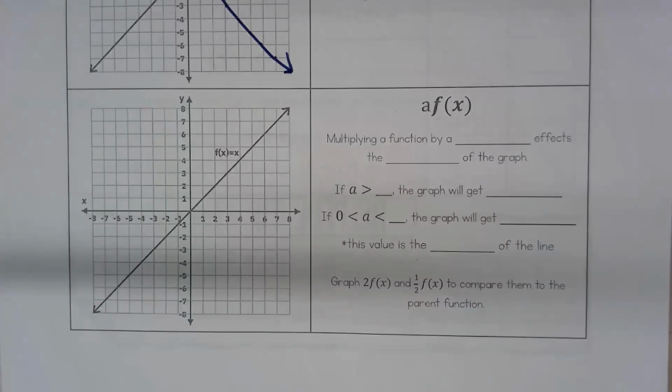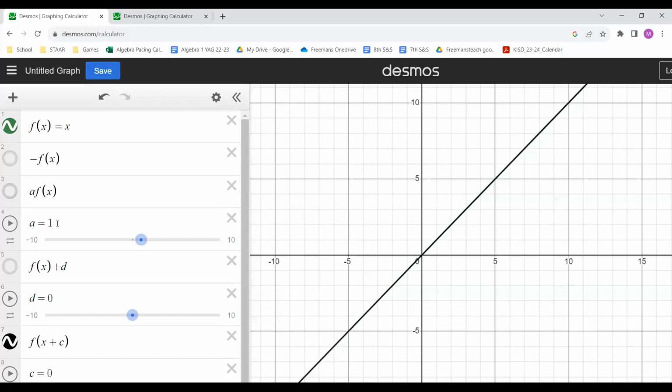So I'm gonna switch back to look at our Desmos screen. So let's click here. Let's see what happens if I make a greater than 1. You notice as this number increases, our line gets more and more vertical, it gets steeper, right?